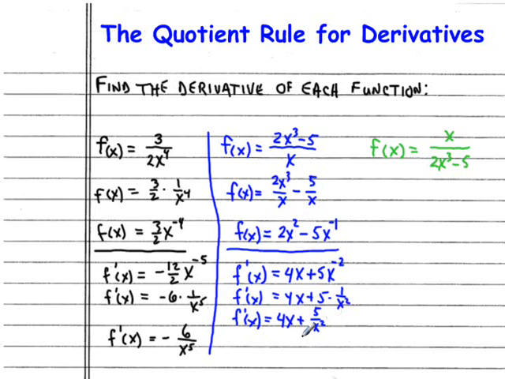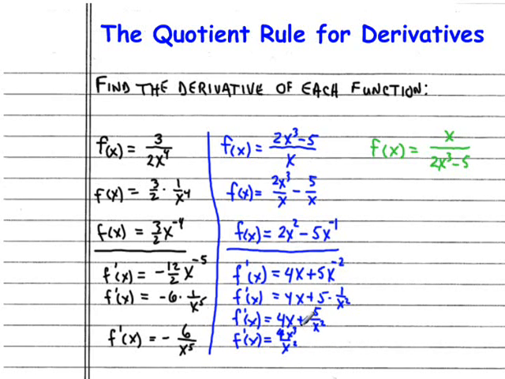Now we've seen examples like this, and this is really a reminder. We could actually create two terms that have a common denominator, and then add these two terms together. So we could rewrite 4x as 4x cubed over x squared.